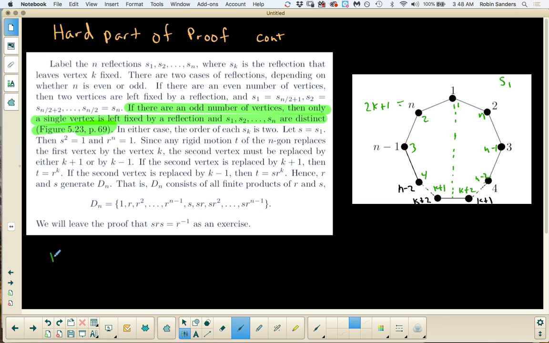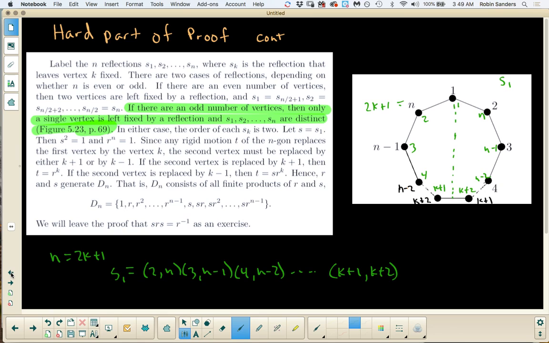So when n is odd, the S1 permutation is going to look like 2 goes to n, 3 goes to n minus 1, 4 goes to n minus 2, and it keeps going until we get down to k plus 1 goes to k plus 2.